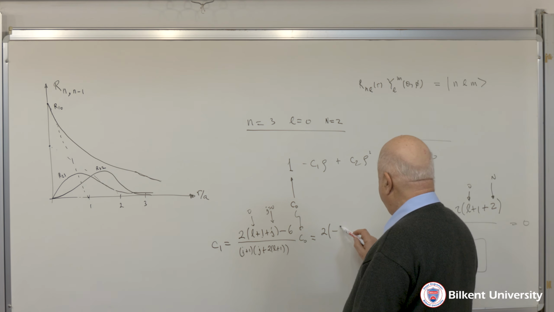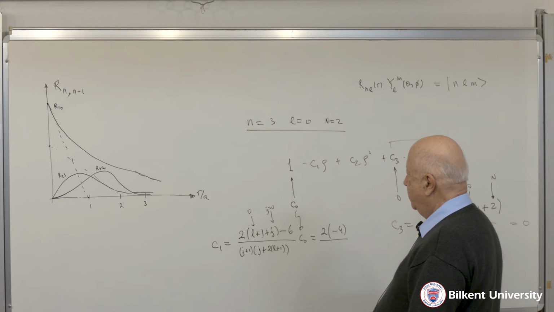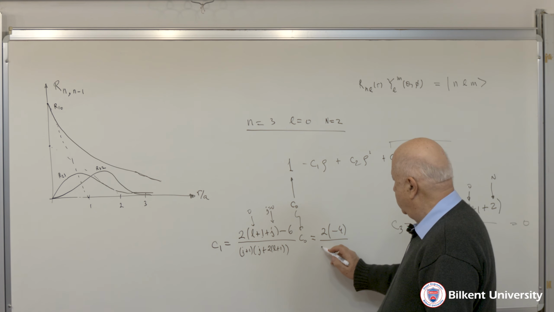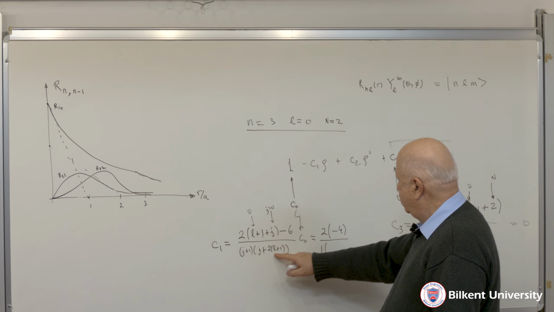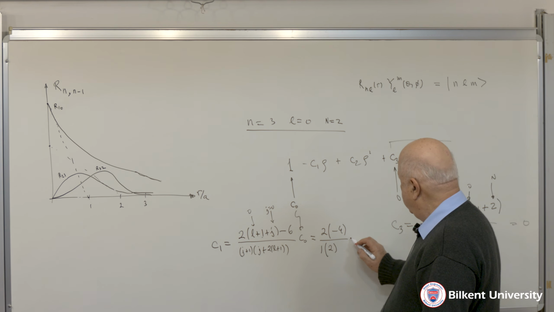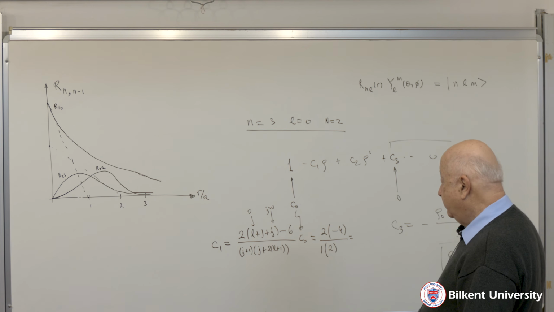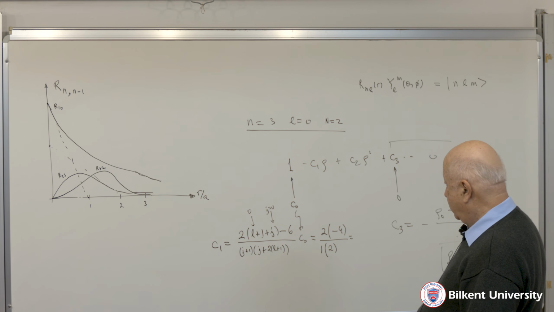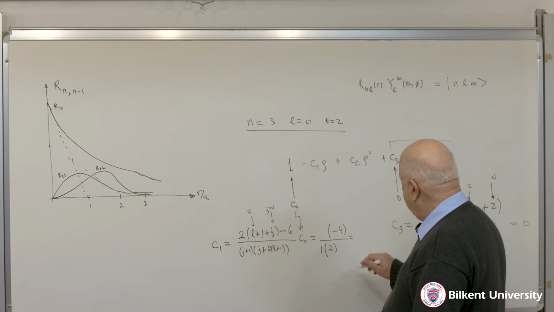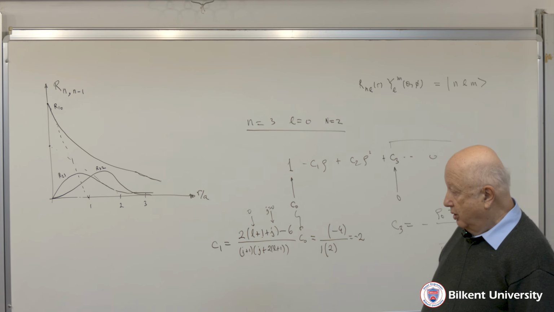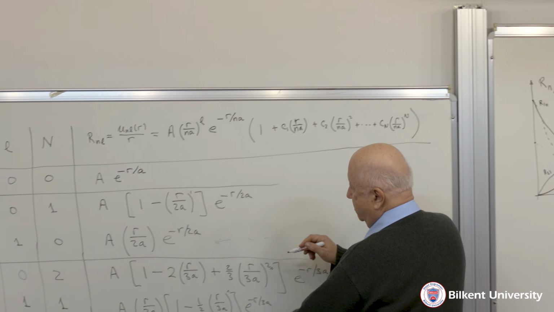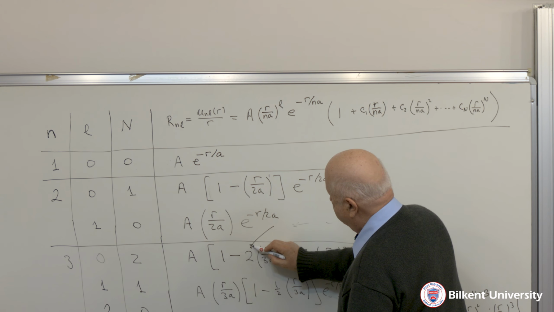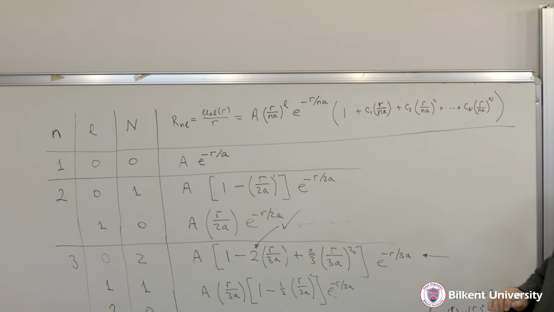So it's minus 4 divided by, J is 0, so it's 1. Is that correct? We only have minus 4. Oh, okay, I'm sorry. And then this is just equal to minus 2. So I have found this minus 2. So we check that.